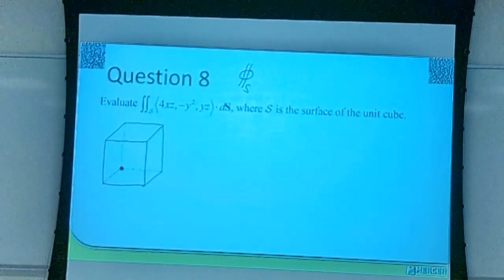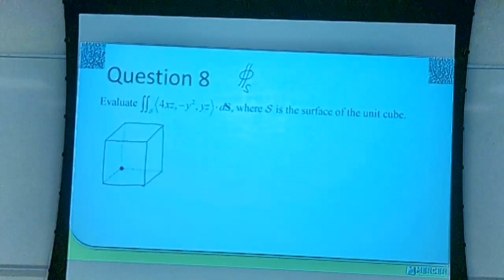How many facings does a cube have? 6. Which means our closed surface is the union of 6 surfaces that we have to evaluate. So it's 6 individuals. That's why I wanted to do this. Instead of taking all 6, wouldn't it just be changes in sign? Not necessarily.